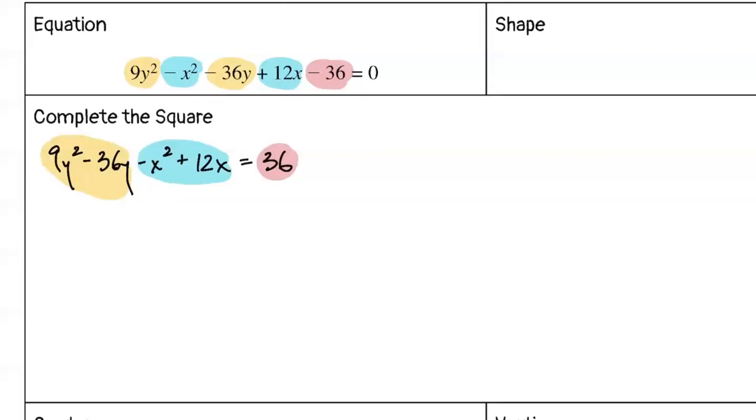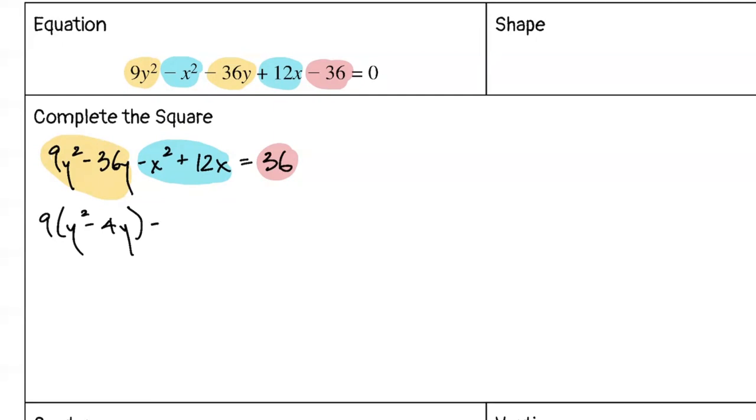And so when we pull out the common factor in the y terms, we'll get 9y parentheses y squared minus 4y. What is this blue part going to look like if we take out a common factor? -1.